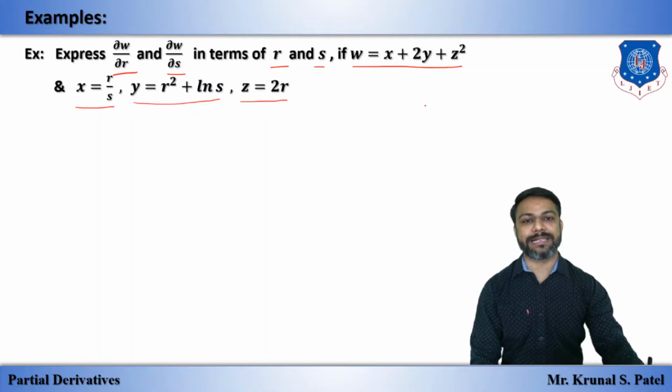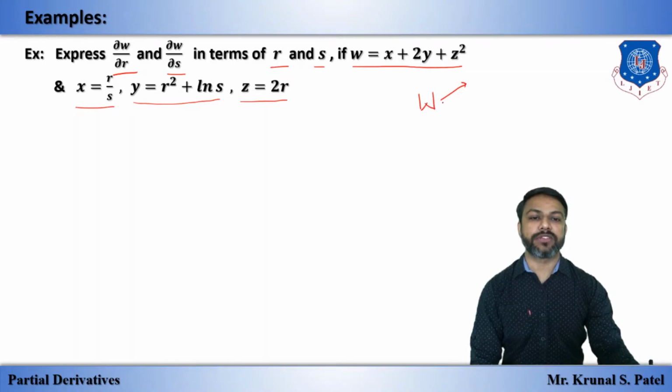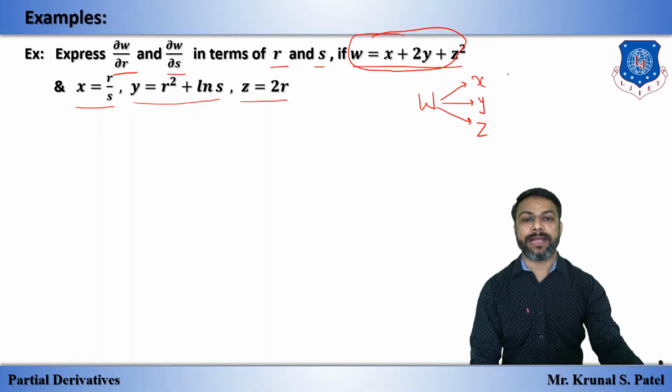So before starting the example, if you got this idea that this is the chain rule, then just make this kind of chart. That's w is a function of x, y, z. It is clearly shown here. w is a function of x, y, z, and x is a function of two variables r and s.